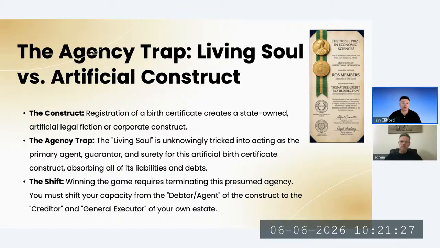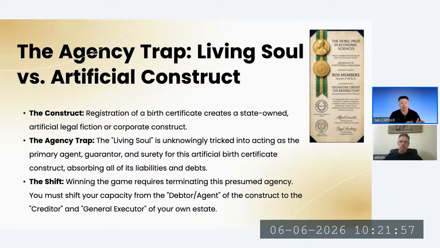And because the baby is connected through DNA to the placenta, there is a direct linkage between the living soul that becomes an adult, much later, and this decedent estate, which is an artificial construct that then becomes the person, the citizen, the ens legis.